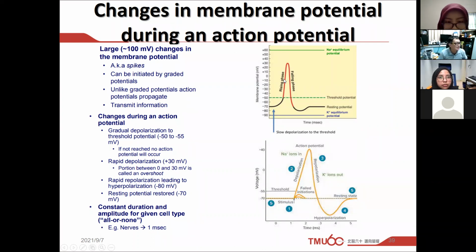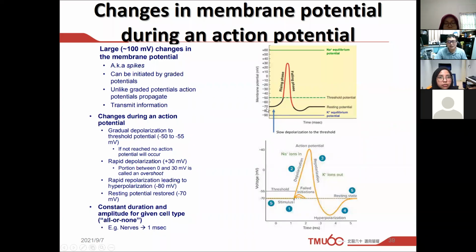When the sodium channel opens, what happens? A lot of sodium gets into the cytoplasm side and will increase the membrane potential to +30.